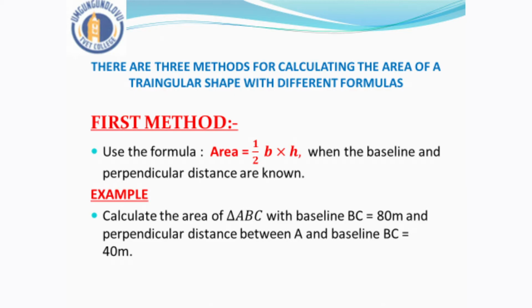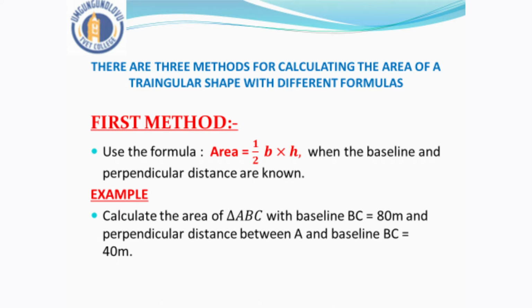Calculate the area of the triangle ABC with the baseline BC equal to 80 meters and the perpendicular distance between A and baseline BC is equal to 40 meters. Okay, here we've got the baseline, which is 80 meters, as well as the perpendicular distance, which is 40 meters.